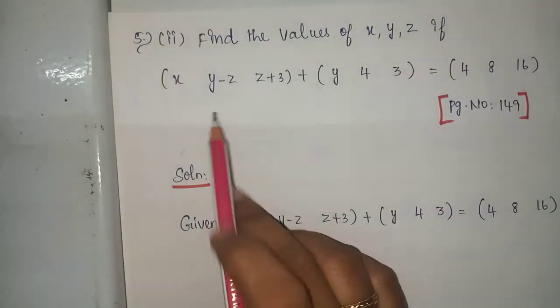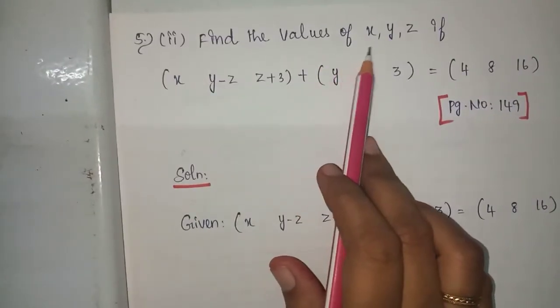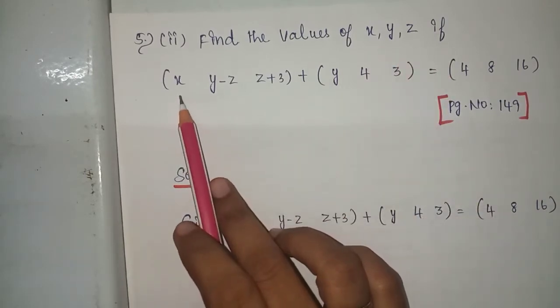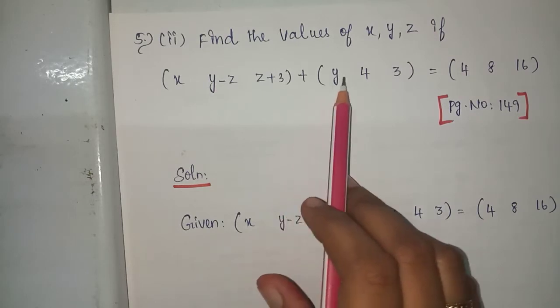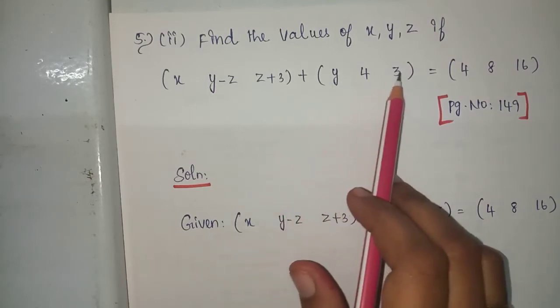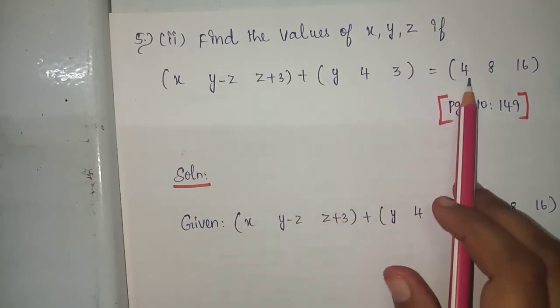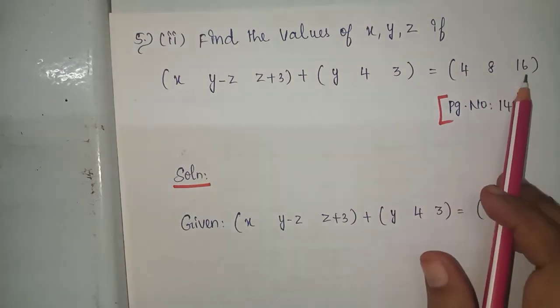The second subdivision: find the value of x, y, z if the matrix x, y minus z, z plus 3 plus the matrix y, 4, 3 is equal to 4, 8, 16.